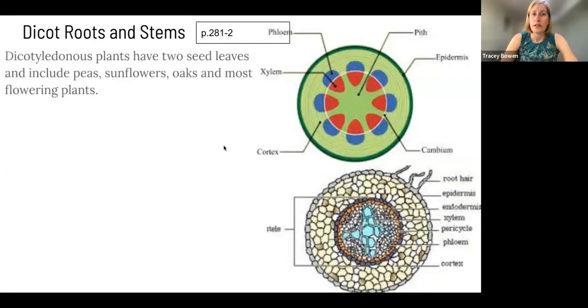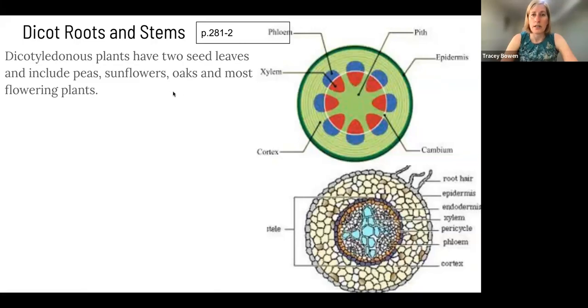So if we are looking at the structure of a root or a stem, we can see that there are two tubes, the xylem tubes and the phloem tubes, but they're going to look different in the root's cross-section than they would in the stem cross-section.